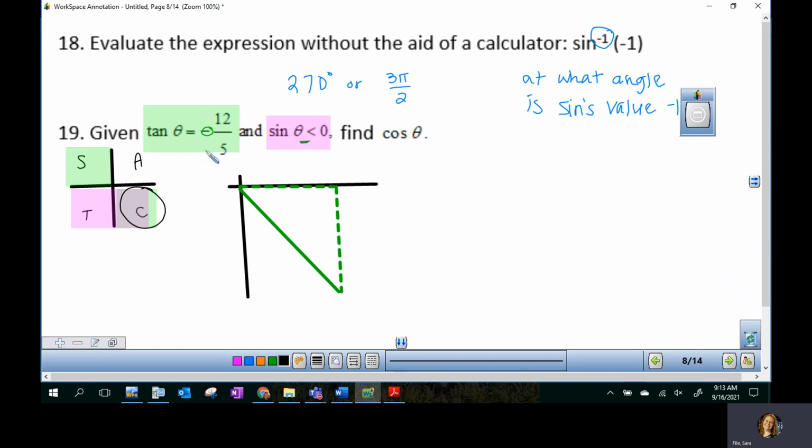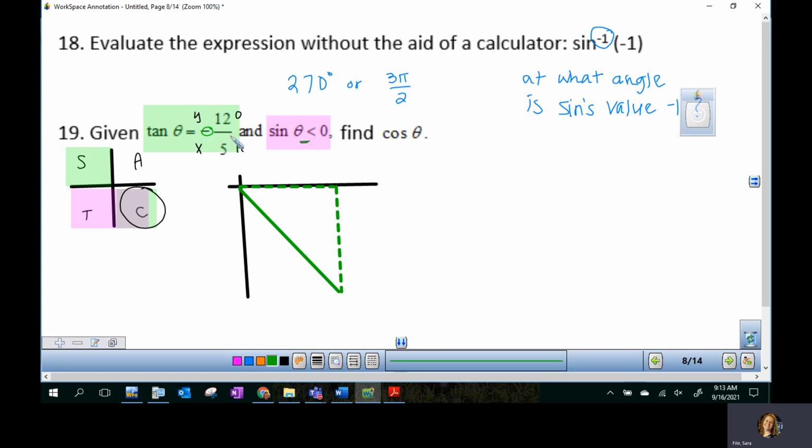What over what? If you're using O, A, and H, it's opposite over adjacent. What if you're using X, Y, and R? Y over X. I don't care if you think of it as Y over X or O over A. Either one's fine as long as you know how to label your triangle.